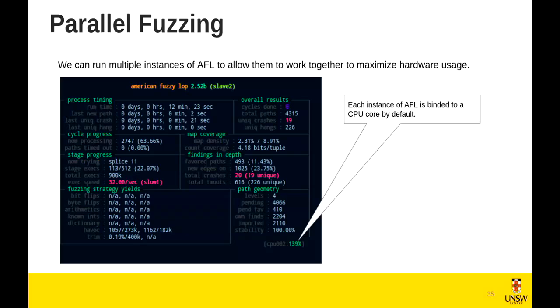Each instance of AFL is bound to that CPU. If you use a process monitor like htop, you can see that every core will be occupied by an AFL instance, with 100% or even higher usage for that CPU core.